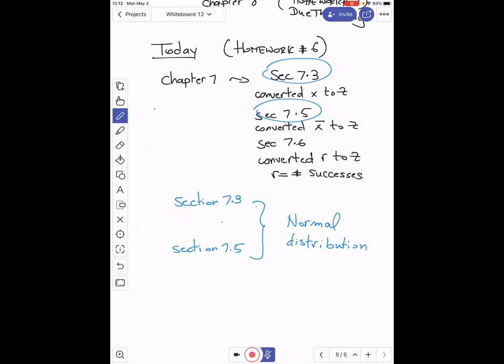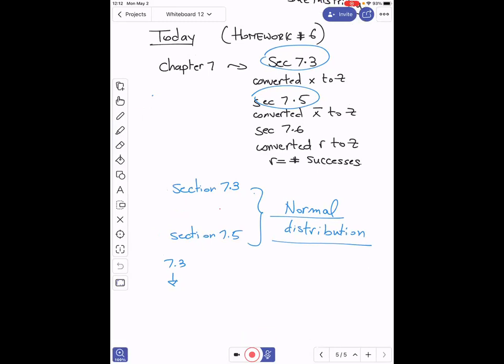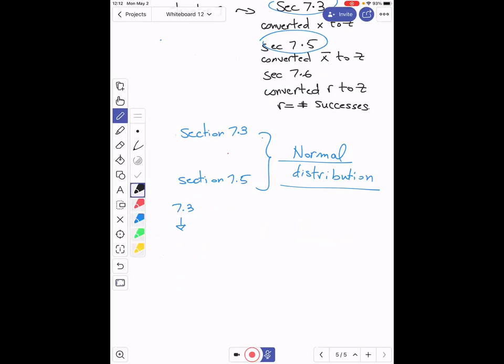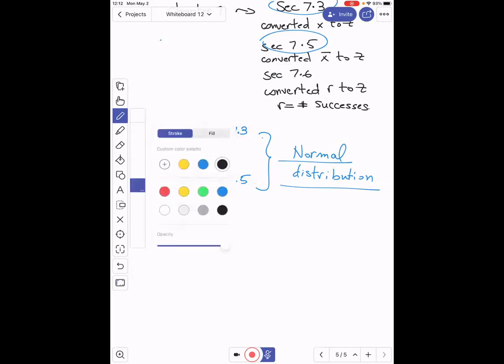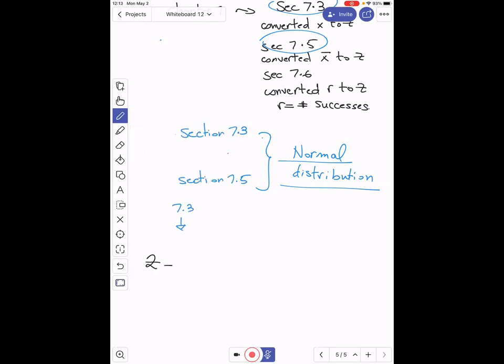So for the main formulas in 7.3, all you need to know is how to convert variable x to z. You have a normal distribution, so the key word here is normal distribution. You want to compute some probability, but to compute the probability, you need to convert your variable to z. To do that, you use the following formula: z is x minus mu, the population mean, over sigma.